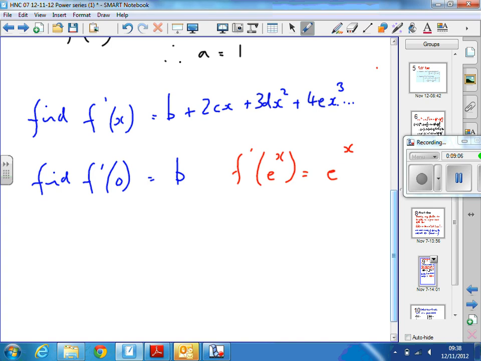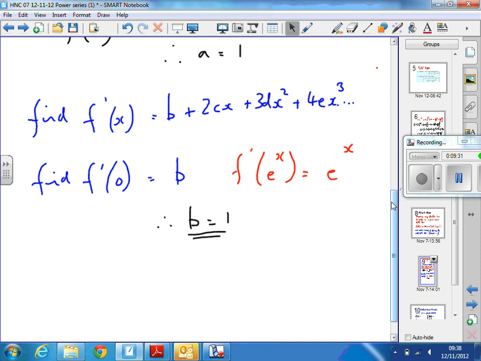It's its own differential, the exponential function, if you remember. Okay, it's one of those. So, if I now let x equal 0, that's 1, isn't it? So, what's the value of b? 1. So, therefore, b equals 1. Okay?